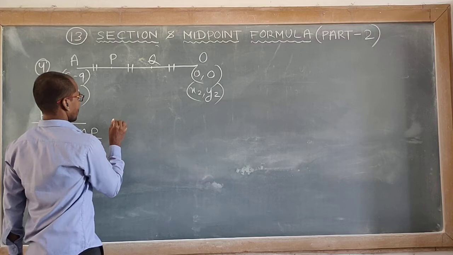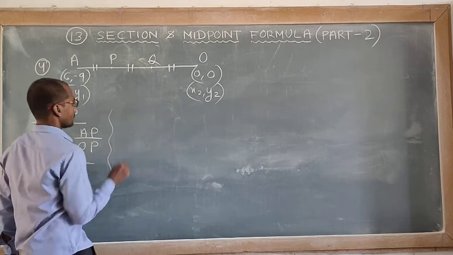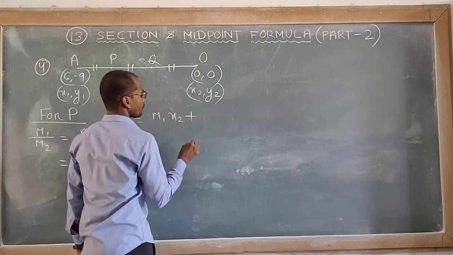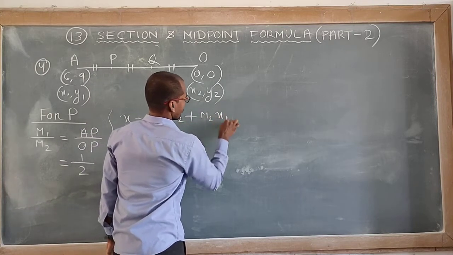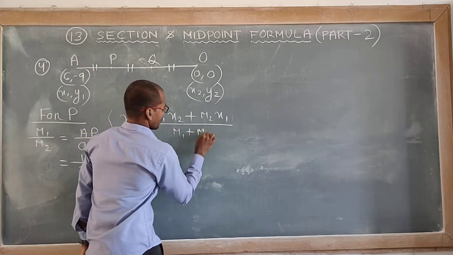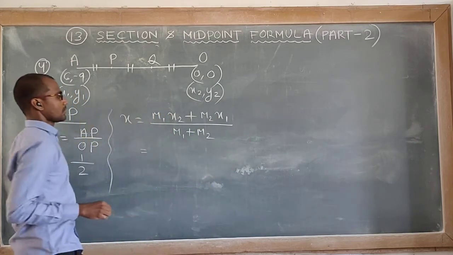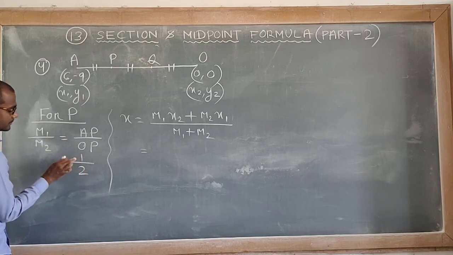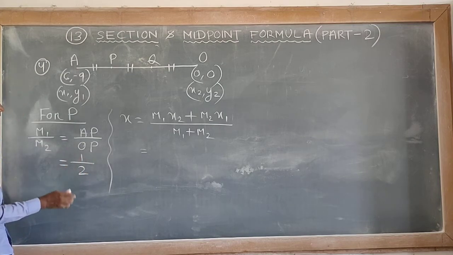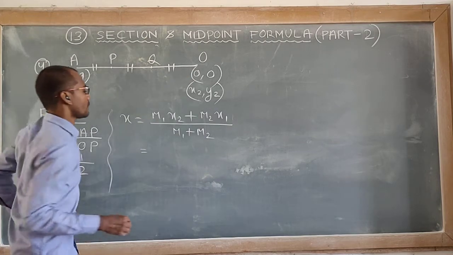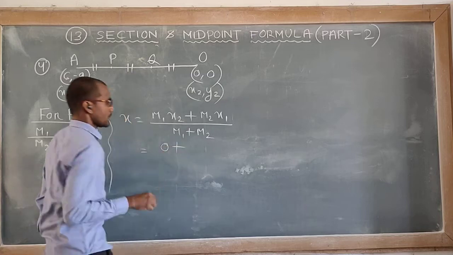So x is equal to m1 x2 plus m2 x1 by m1 plus m2. What is m1 x2? m1 is 1, this is m1, this is m2. x2 is 0, so 1 into 0 is 0. m2 x1.